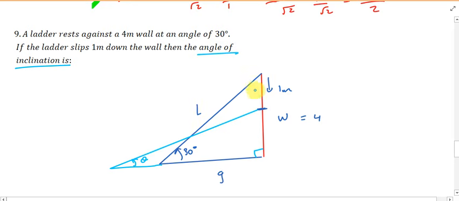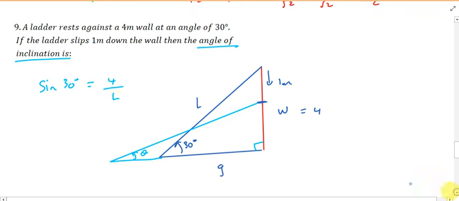So first we want to find the length of the ladder, right? The length of the ladder with respect to the original question would be sine of 30, because we have opposite over hypotenuse. Sine of 30 degrees is equal to 4 over L, the length of the ladder, therefore L is equal to 4 over sine 30, and sine of 30 is half. 4 divided by half is the same thing as 4 times 2, so the length of the ladder is basically 8 meters.